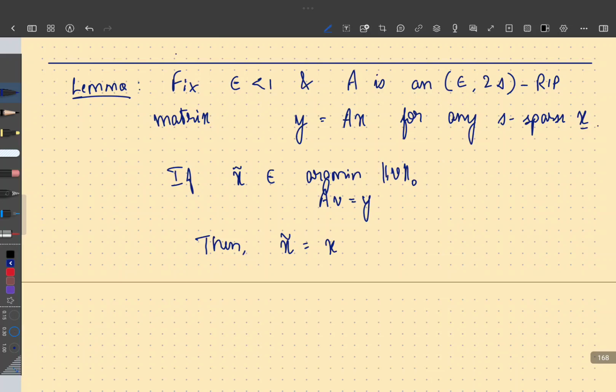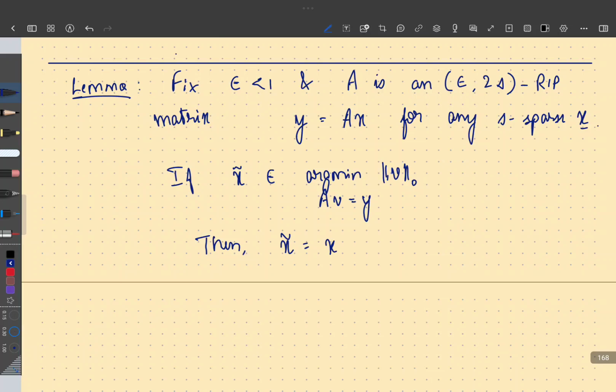Right now I have not said what exactly the dimensions of A must be. I have not told you how many linear measurements are required in order to be able to recover any s sparse x from y equal to A times x.